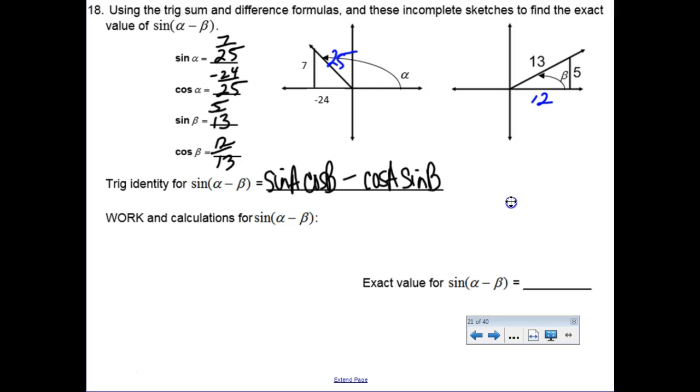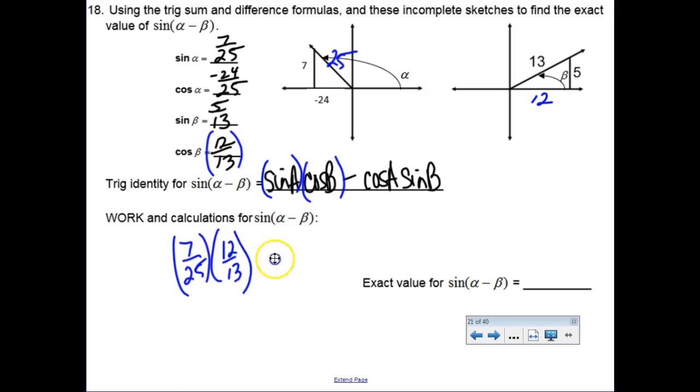So, using that identity, and then plugging in the new ratios we just found. For instance, sine of a, you just found to be 7 over 25, times cosine of beta, which would be this guy, 12 over 13. And then a minus, and then cosine of alpha over here is negative 24 over 25.